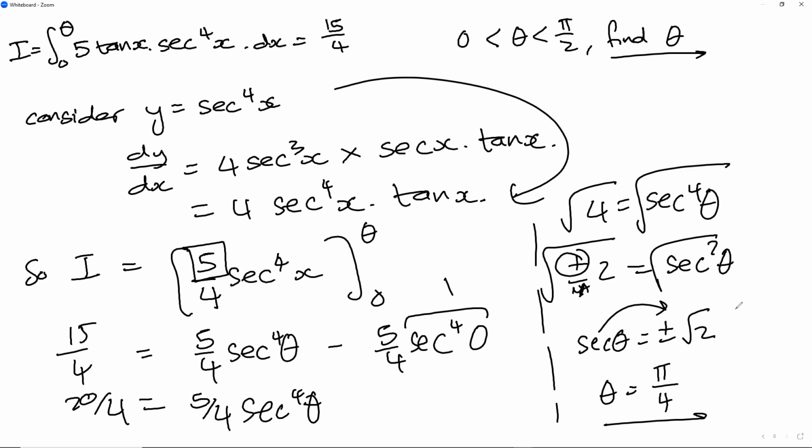The solutions for this are found by taking the reverse of sec, which is 1 over cos. Cos theta equals 1 over root 2 plus or minus, and that shoots out the solutions: negative pi over 4, pi over 4, 3 pi over 4, 5 pi over 4.